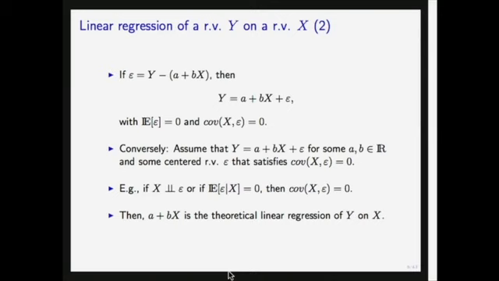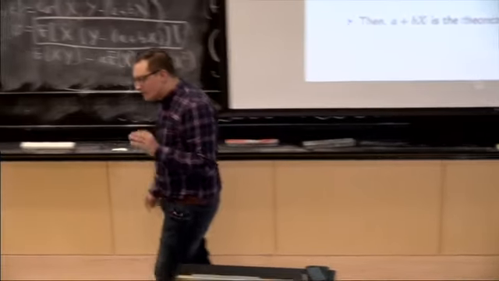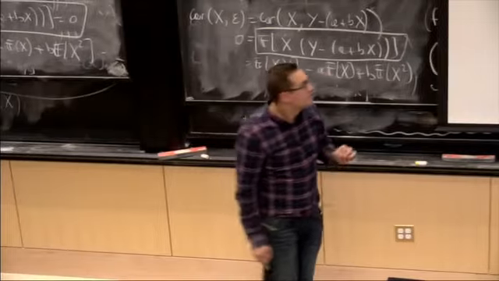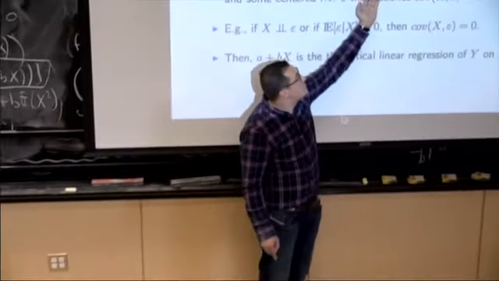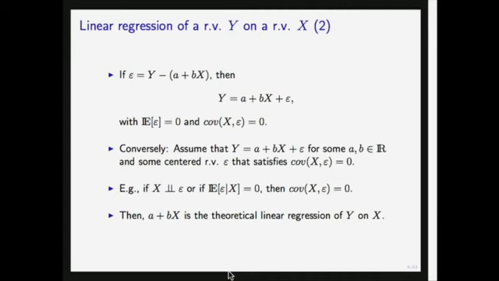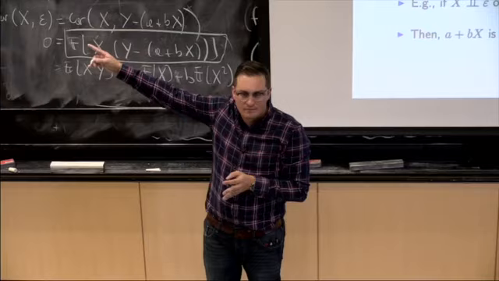Now, if we make this assumption, the only thing it's telling us is that, since we started from y equal to a plus bx plus some epsilon for some a and some b, it turns out that those a's and b's are the ones that you would get by solving this expectation of square thing.